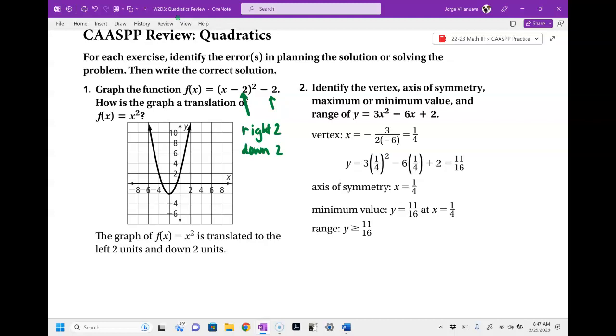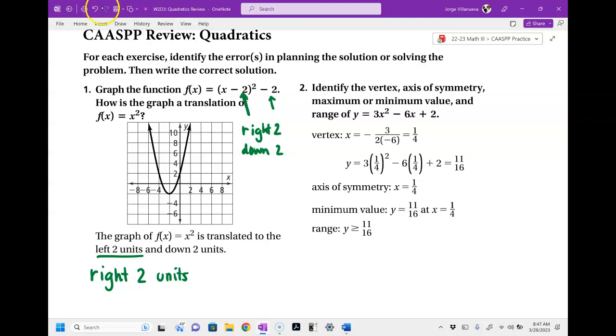The graph of f of x equal to x squared is translated 2 units to the left. That's wrong. So when we fix that, we're going to say right 2 units. Okay? The down 2 units part is correct. But I should be moving right 2 units.